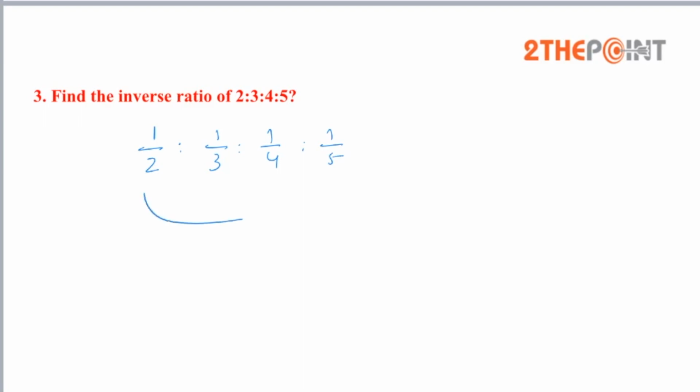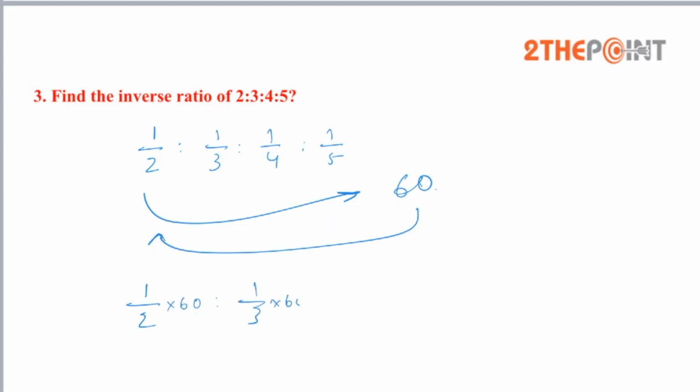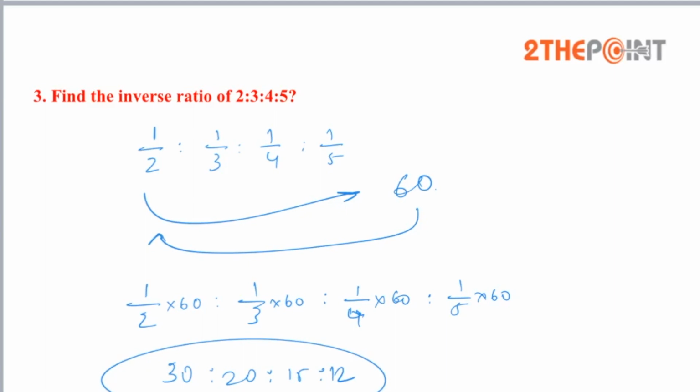Find the LCM of all these numbers, that is 60. Multiply 60 with each term to get the inverse ratio. 1/2 into 60, 1/3 into 60, 1/4 into 60, 1/5 into 60, which equals 30:20:15:12. This is the inverse ratio.